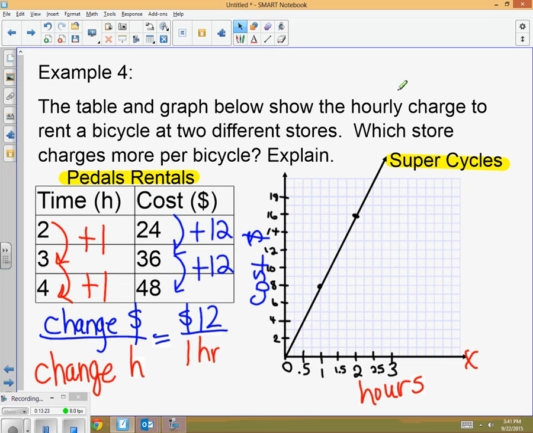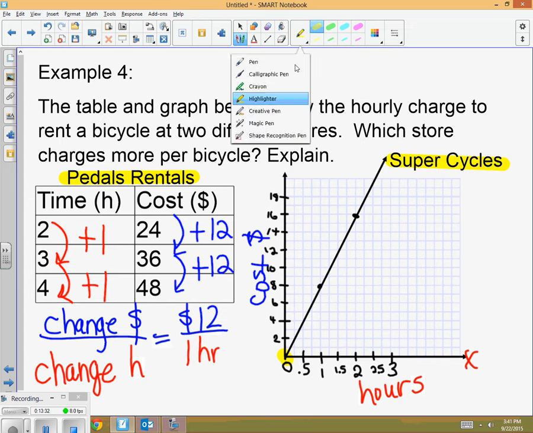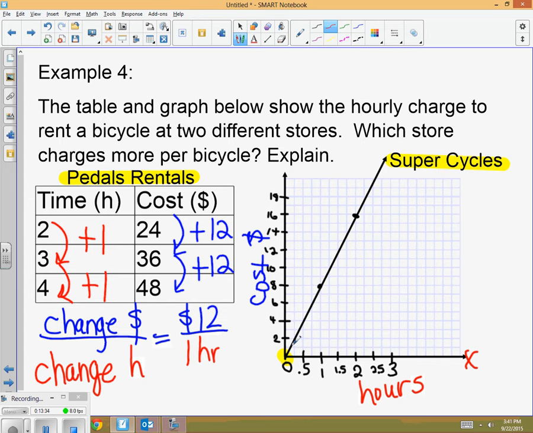You will notice that the hours increase by 0.5 every single time, and the cost in dollars is increasing by intervals of 2. Now, looking at the first point, it does pass through the origin at 0, 0. So I'm going to label this point 0, 0. The second point here on the graph is over 1 up 8. So 1 hour costs $8.